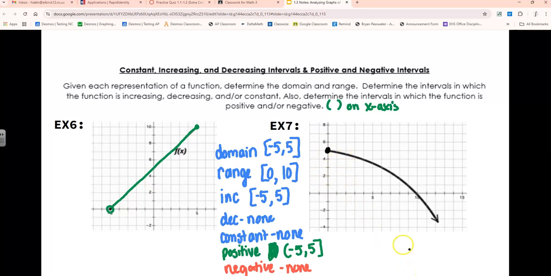So for this, we need to think about domain. What is our point that is furthest to the left here? What's our x-coordinate furthest to the left? So Carson, what would we use for our first number for our domain here? I think that's 5. But for domain, is that the number we want to look at? For domain, we got to be looking at not the y-axis, but the x-axis.